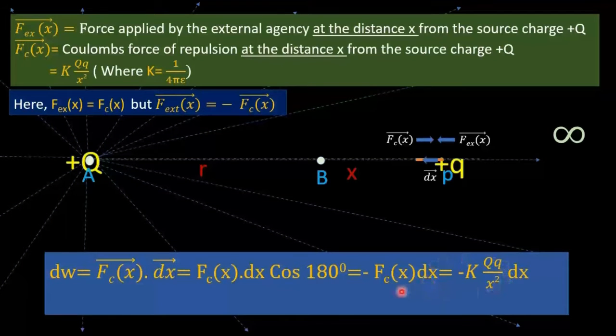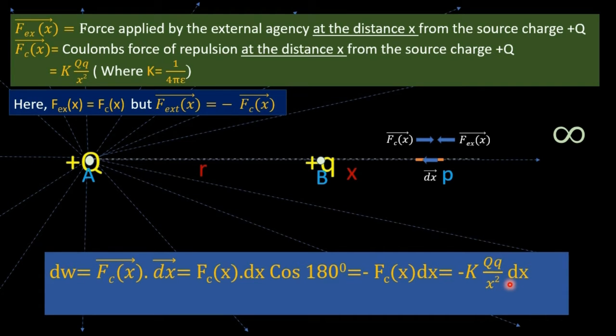Now putting the value of Coulomb's force, which is K Q q divided by x square, in this equation, we get the work done dW for the small displacement dx is equal to minus K Q q divided by x square into dx.